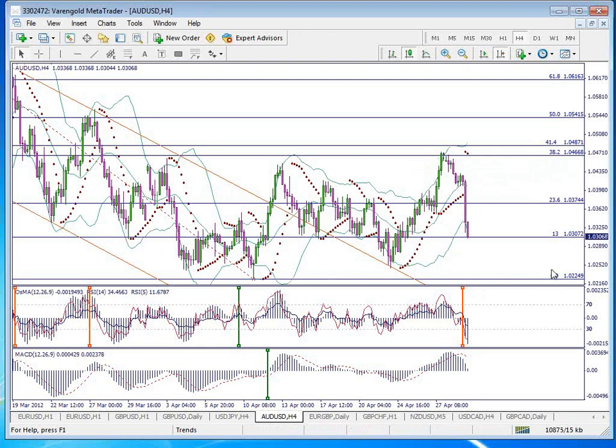I think that the pair will try again to go to that 0 level, and will reverse, probably will make the third try. I think that we will not have this situation of it succeeding to go into the upside direction because they cut the interest rate. We can see what is happening at 0 level and if the pair will go into the down direction. On 4-hour time frame, here we have the sell signal.